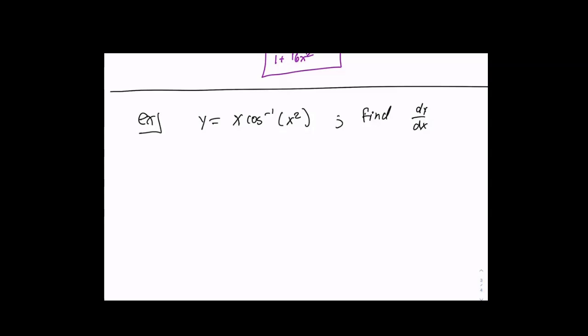Would it be the derivative of x cosine inverse of x squared equals negative 1 over the square root of 1 minus x squared, and then we take the baby, I guess.